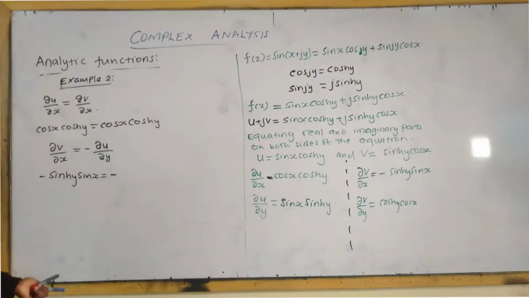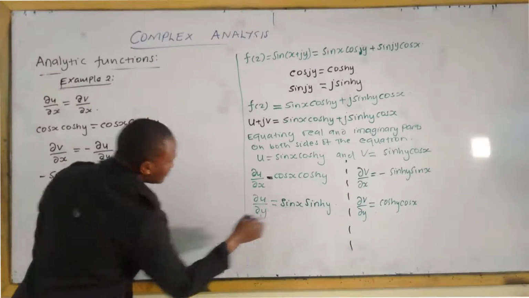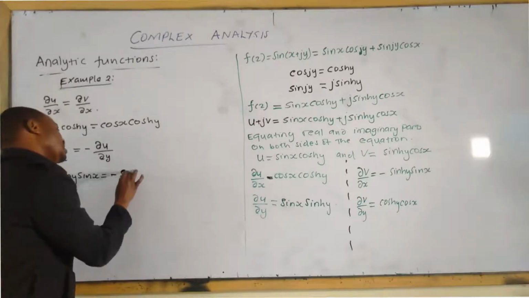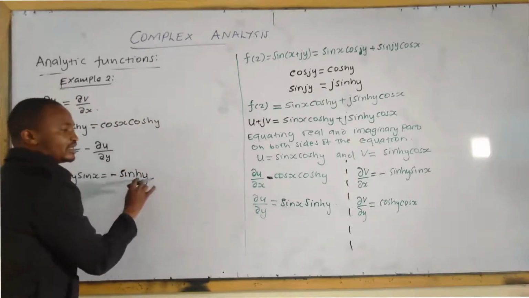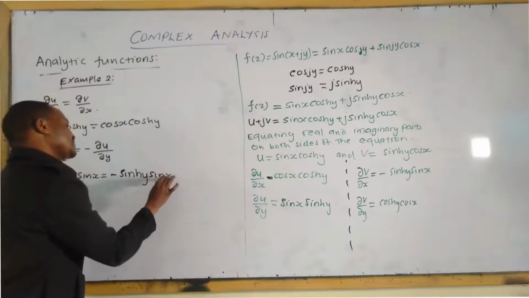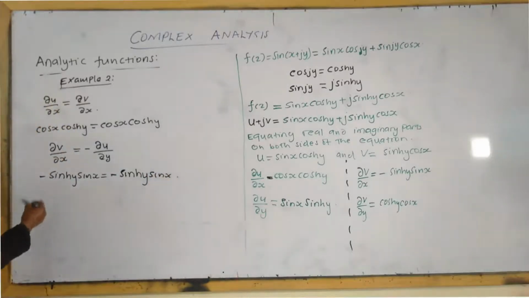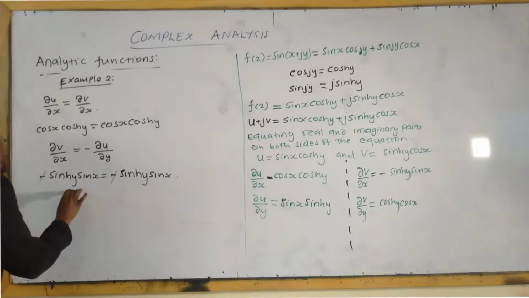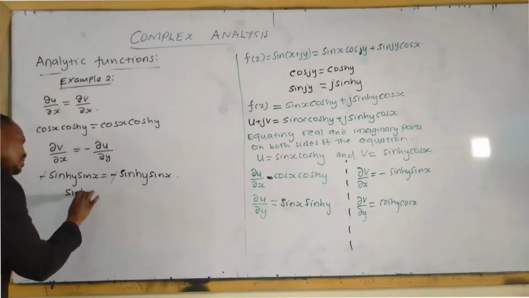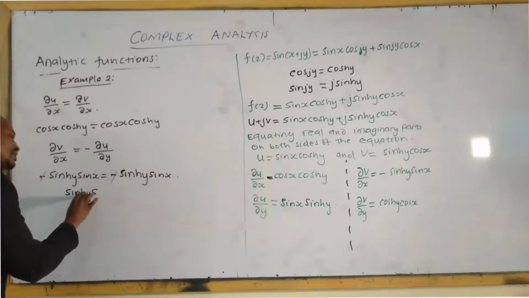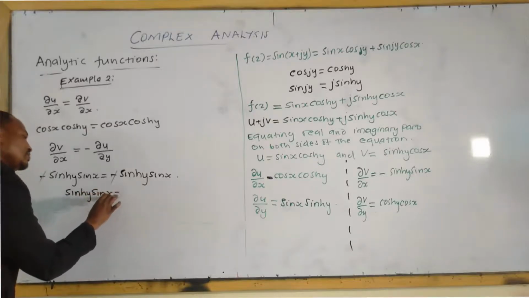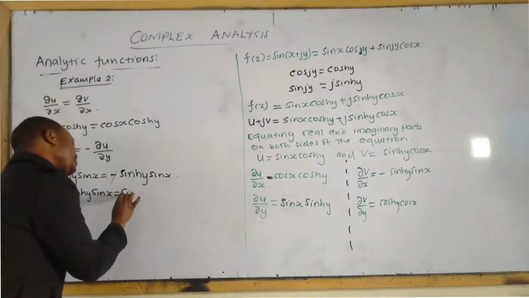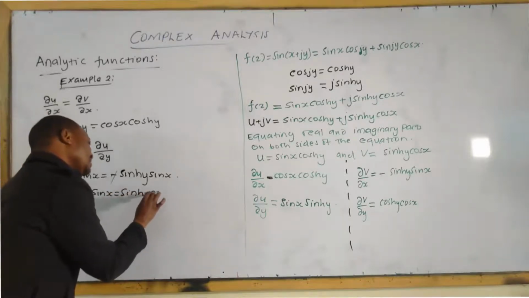Again, for the sake of uniformity, let me start with sin y sin x. The negative and the negative cancel out, so at the end of the day you have sinh y sin x equal to sinh y sin x.